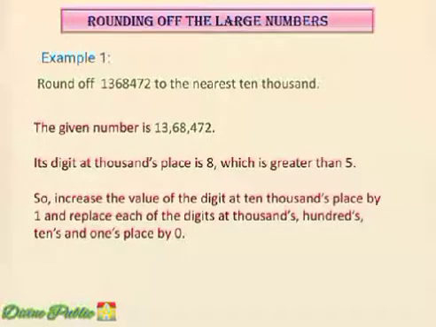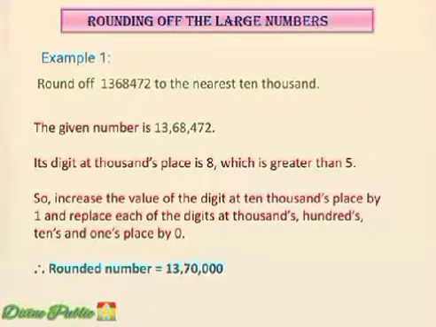So increase the value of the digit at 10,000s place by 1 and replace each of the digits at thousands, hundreds, tens and ones place by 0. Therefore, rounded number is 13,70,000.